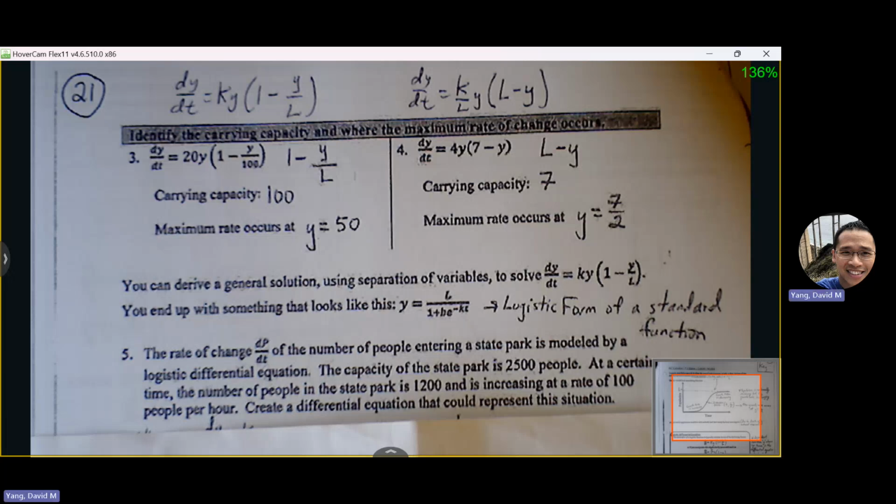So number 3, our carrying capacity is that denominator that we see under y, so 100. And the maximum rate of a population is going to occur when y is equal to 50. Carrying capacity for number 4 is 7. Maximum rate occurs at 7/2.